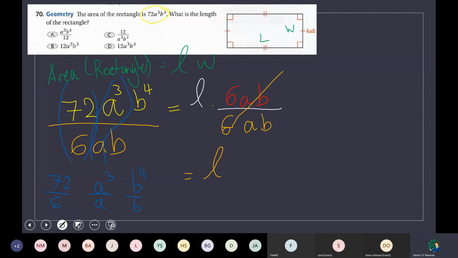Rearrange it, putting each variable with its own. Then L is 72 over 6, which is 12. Then a cubed over a: here we have divide and exponents, so it is a to the power 3 minus 1, which is 2. Then here 4 and 1.